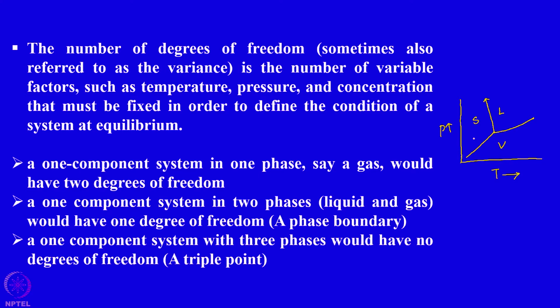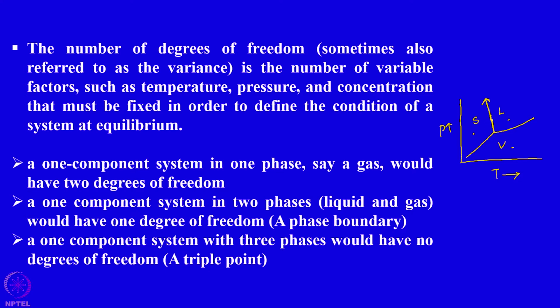If we are located in any one phase region, we have simultaneously 2 degrees of freedom. When we are sitting on one particular line, for example the solid-liquid phase boundary, we have only 1 degree of freedom.